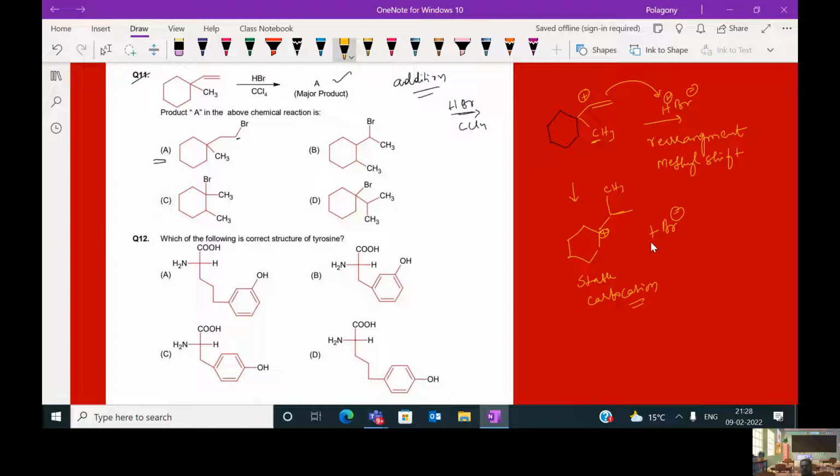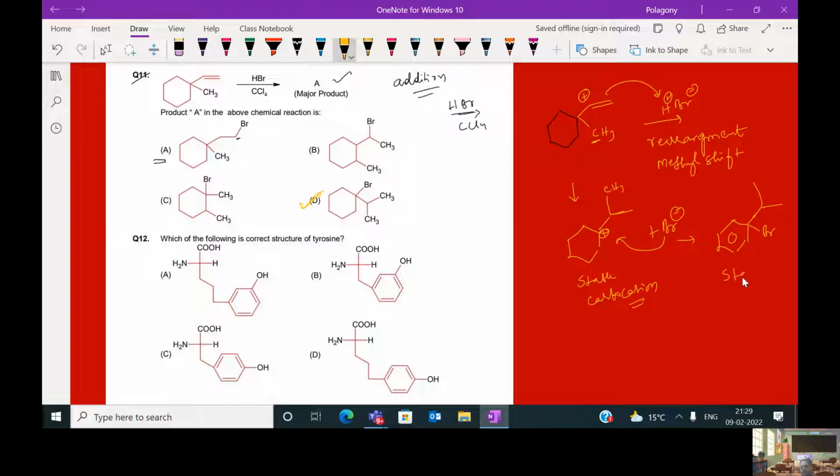So chances of attacking at this carbocation will form the product. Now here the Br is attached, here is the methyl group, here is the methyl group. So here, option D is right.